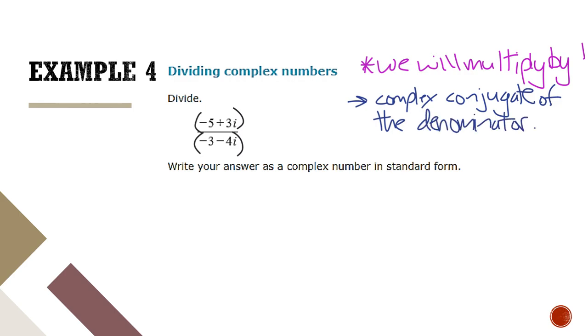So if I look at the bottom, negative 3 minus 4i, its complex partner or pair turns into negative 3, and we're going to change it to plus 4i. This negative stays the same. So that's the same. The only thing that changes is whatever's in between the real and the complex part. So that goes from negative to positive.